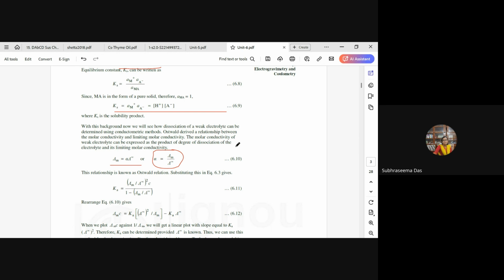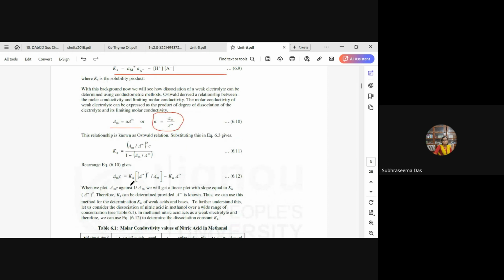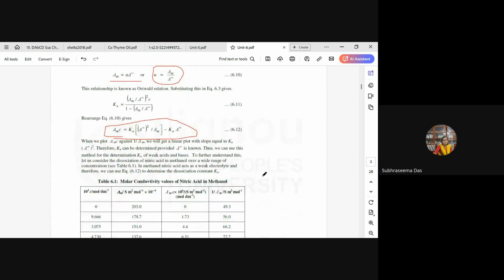Substituting this value in Ka, the dissociation constant of the acid can be written as Ka equals lambda m by lambda infinity whole square into C by 1 minus lambda m by lambda infinity. When we rearrange this equation, we get an equation similar to equation 6.12.